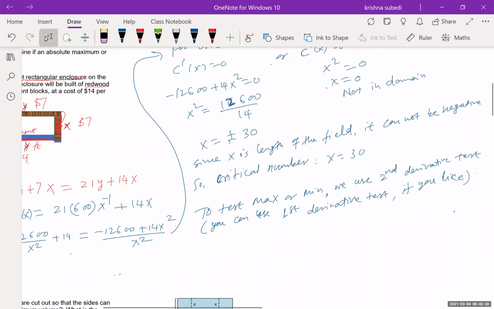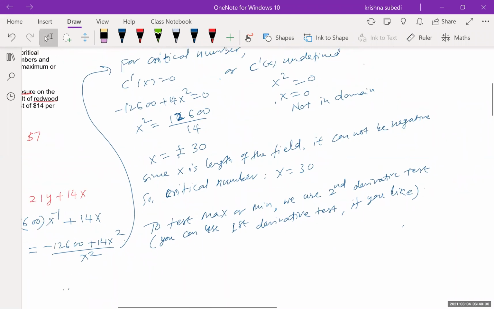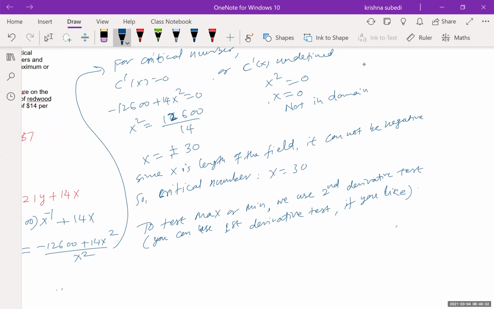All right, so let me just find the second derivative. Let me copy the first derivative, which is negative 126x to the negative 2 plus 14. That was the first derivative.